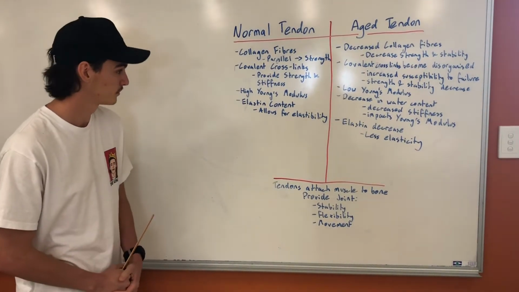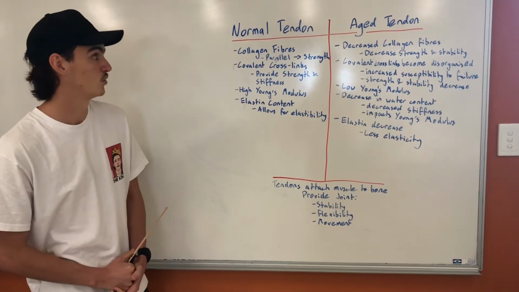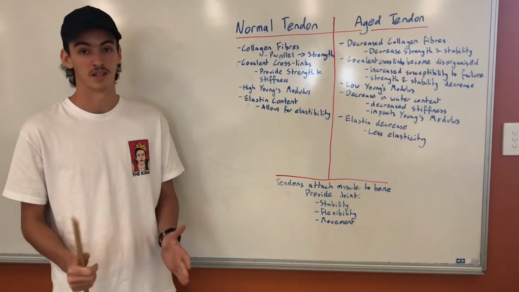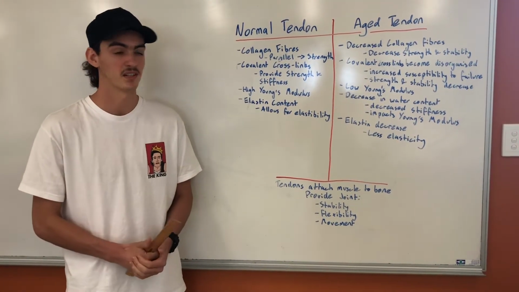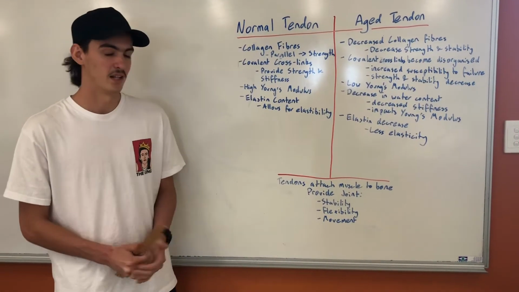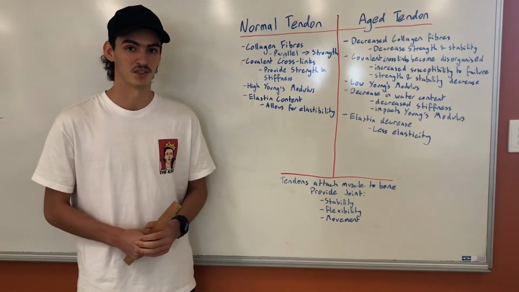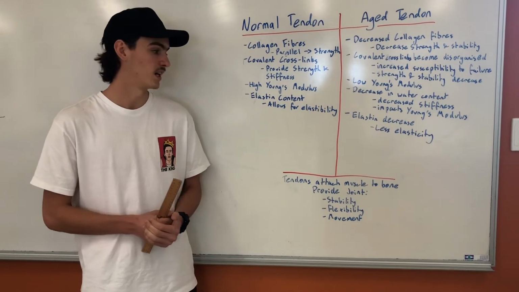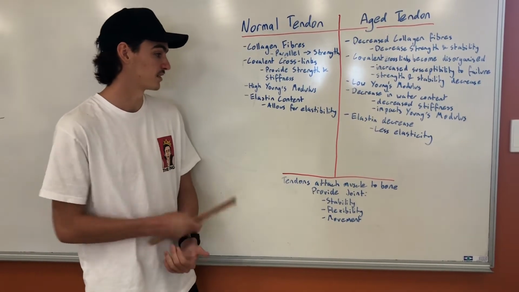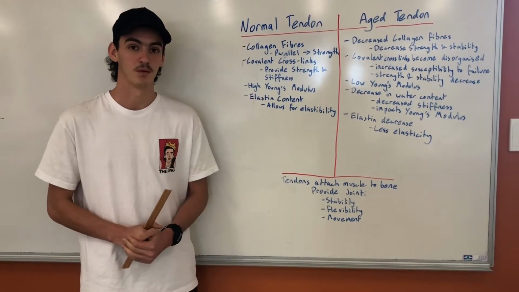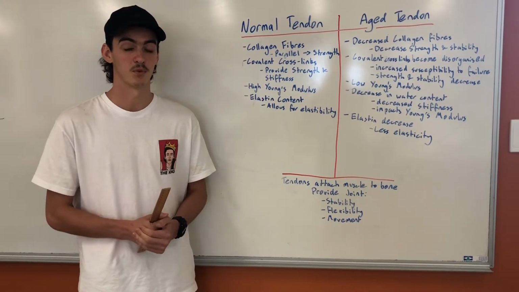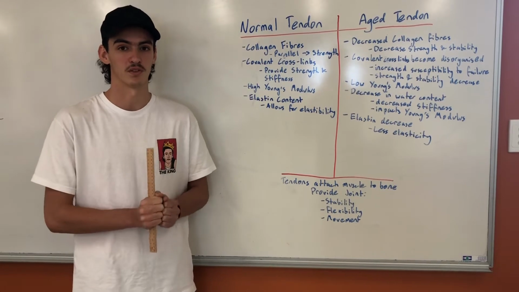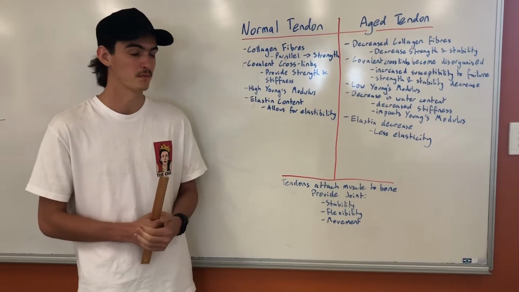In addition, a normal tendon will have a relative elastin content, as although a tendon isn't generally supposed to be very elastic too often, having that elasticity makes it a lot more effective in joint movement. It's not rock solid all the time, it still has a little room for movement.